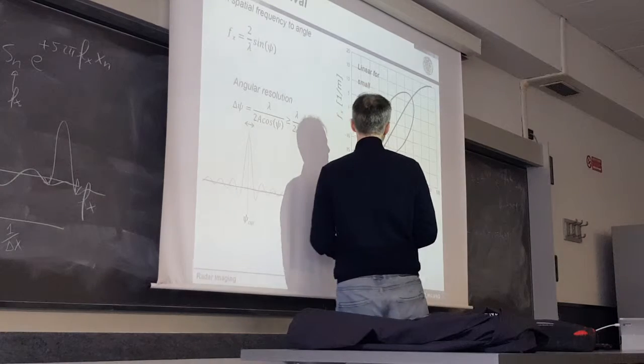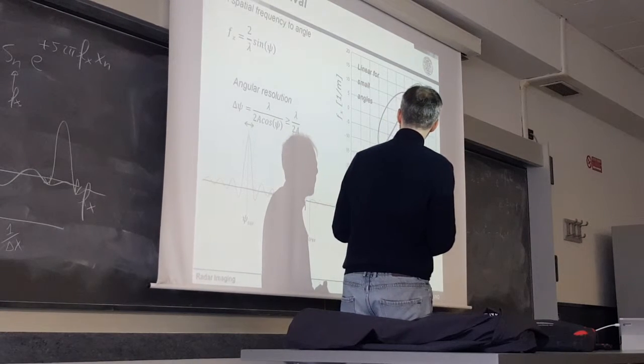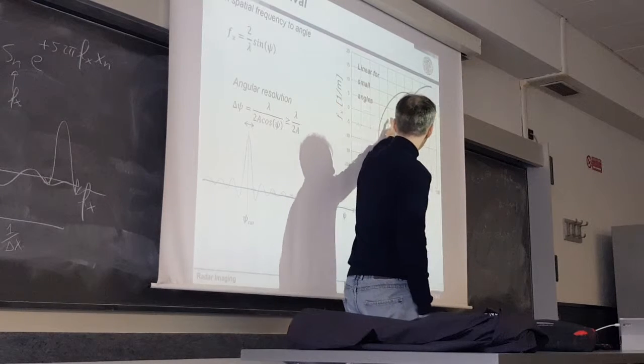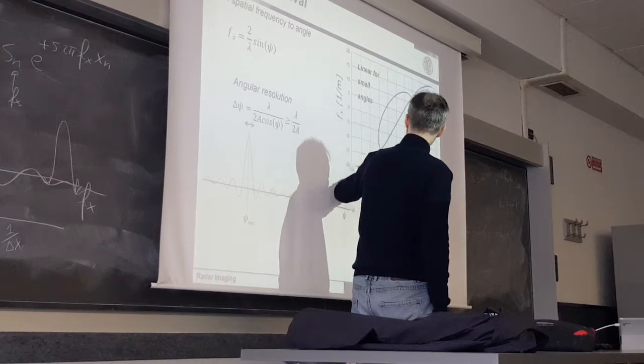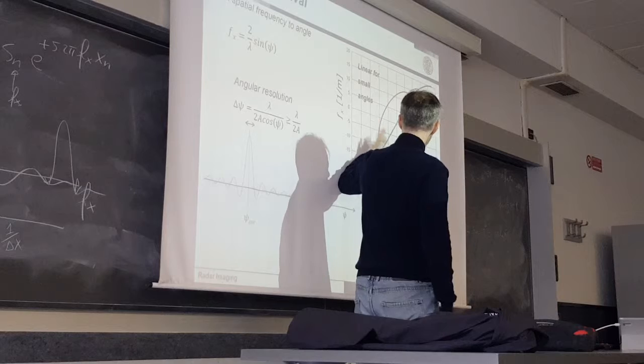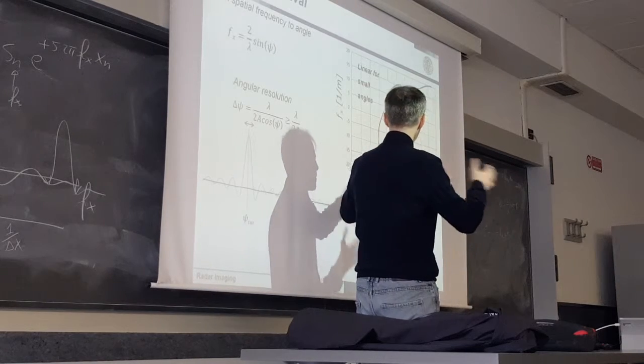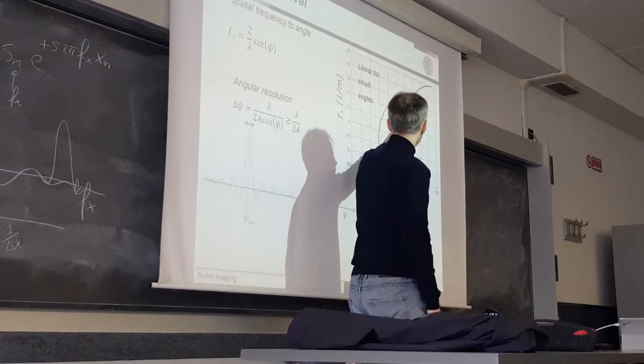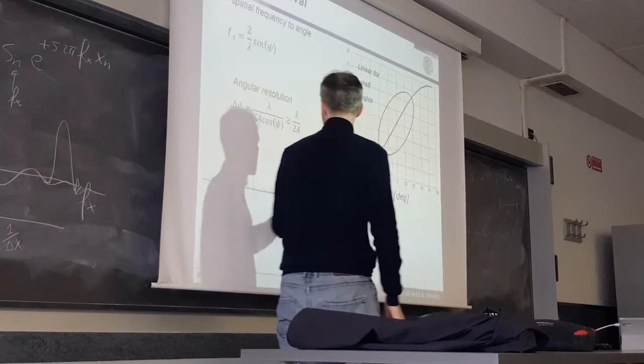And so in this interval, you see that the frequency corresponds to an angle. If you assume that the angle is, let's say, within plus minus 30 or plus minus 40, this relation can be approximated as being linear.